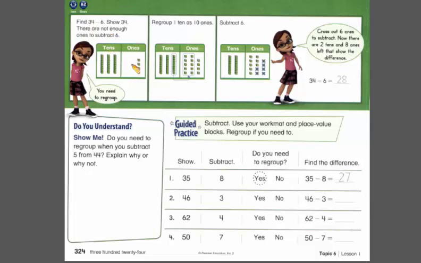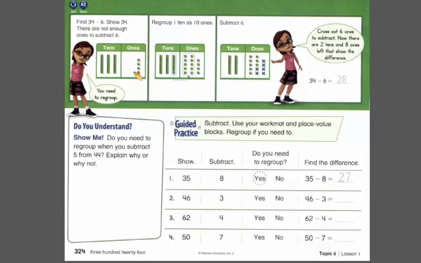Can I subtract 6 from 4? Do you need to regroup to subtract 6 ones? Yes. How do you know? Because you can't subtract 6 ones from 4 ones. 6 is greater than 4, so I can't subtract.